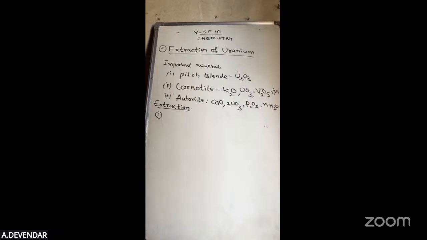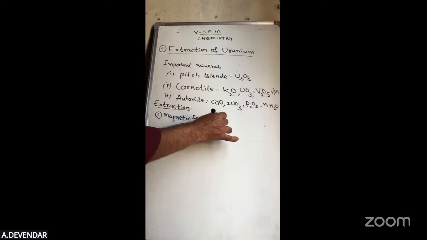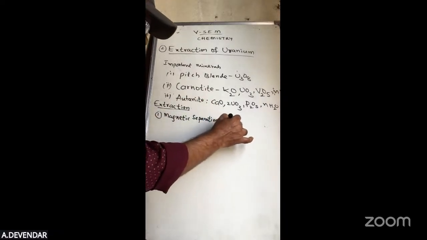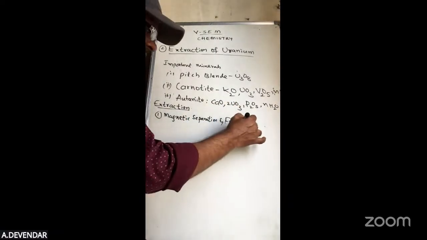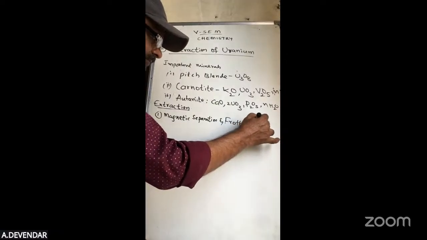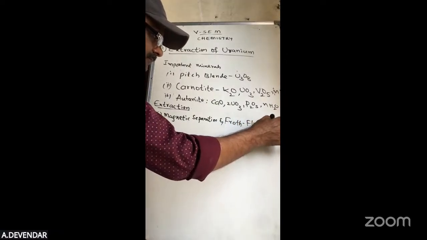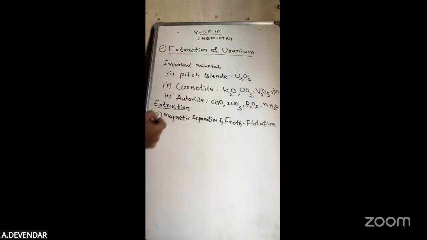That means you concentrate the ore with the help of magnetic separation and also using froth flotation, by which sulfide impurities will be eliminated. So the magnetic substance will be separated. This is our first method.